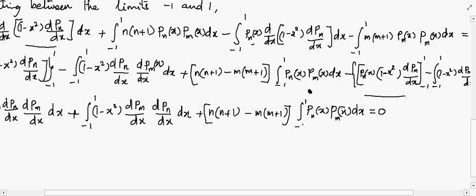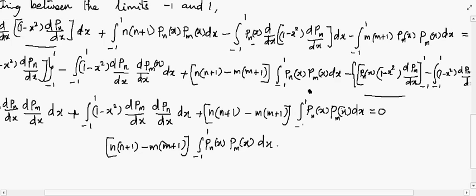Yes, so the remaining is only n into n plus 1 minus m into m plus 1 into integral minus 1 to 1 Pn of x into Pm of x dx equal to 0. If m is not equal to n, then this term is not equal to 0.